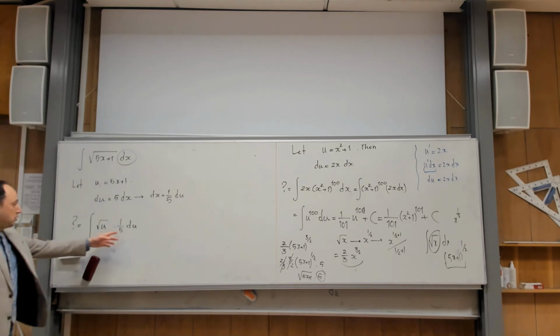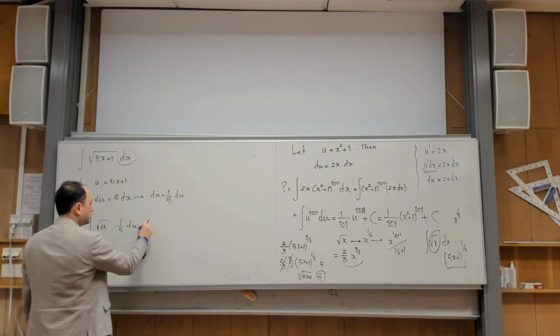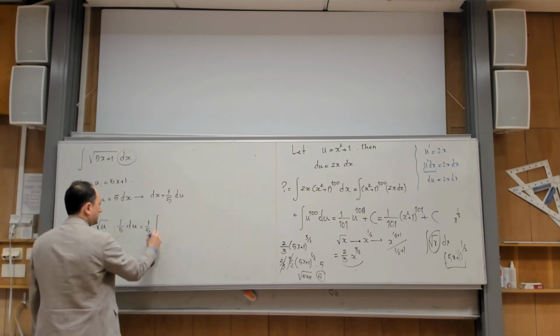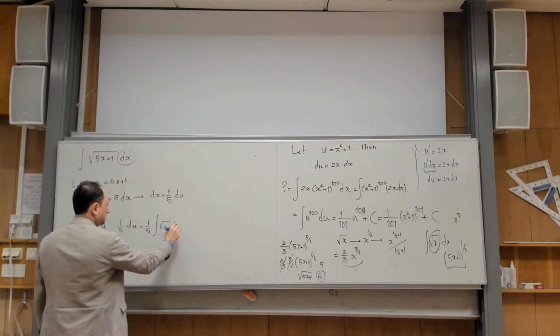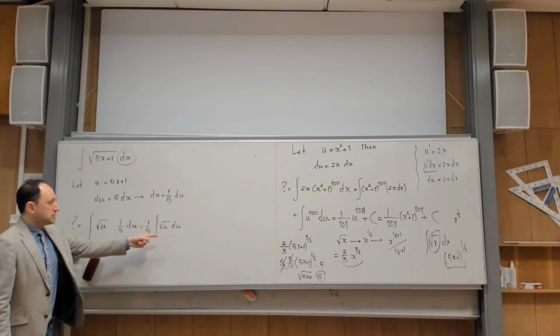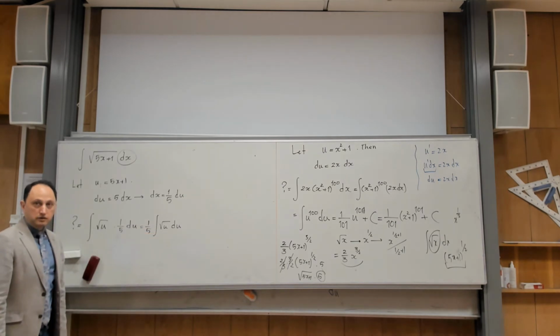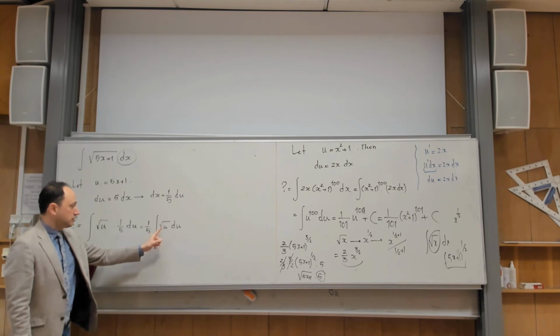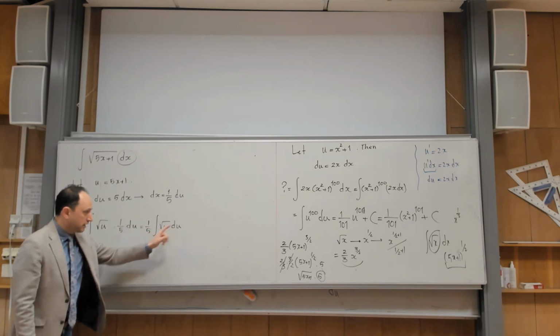But of course, a multiplicative constant can be pulled out. You don't care, you just care about the function. This becomes integral of that. But then this is not a trouble. I want you to understand that's not a circular argument. I am taking the integral of this, but u is variable.